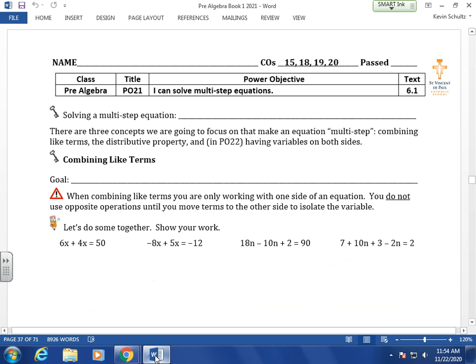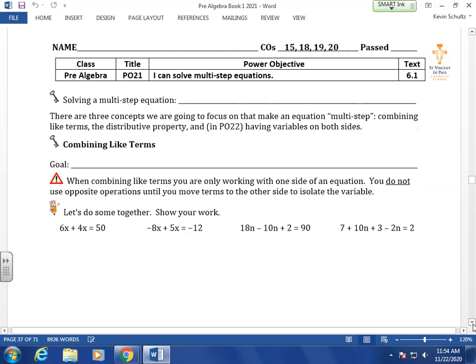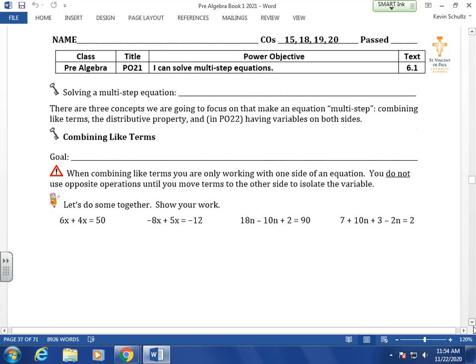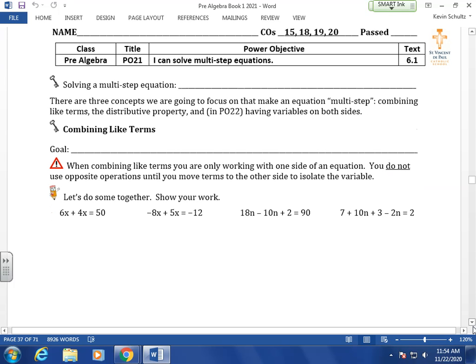These are multi-step equations, and the word multi just means, in this case, more than 2, right? And what I want to point out about PO21 is that PO15 is going to be a big help in solving these equations. Because if you look on this page, combining like terms, where have you seen that before? PO15.